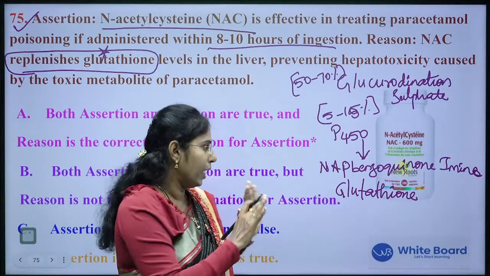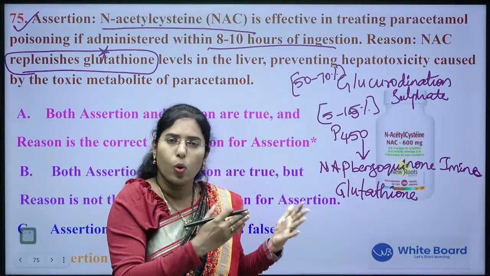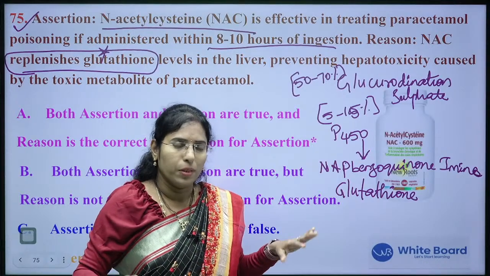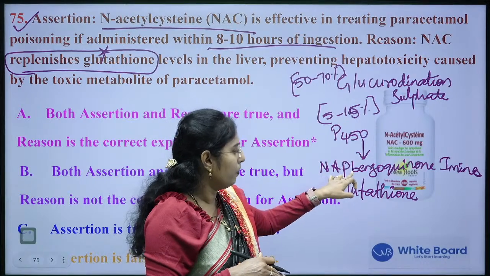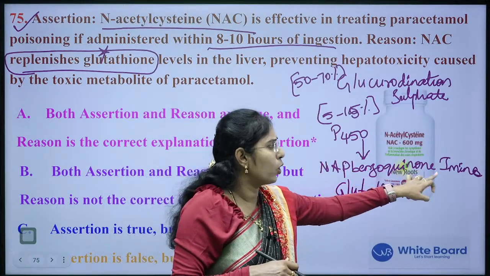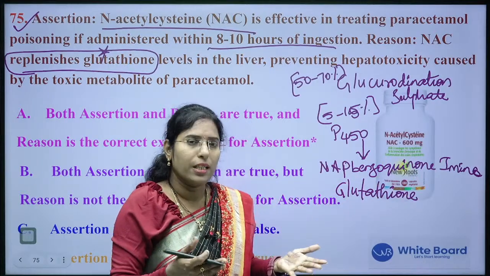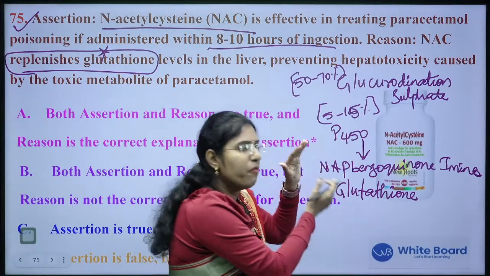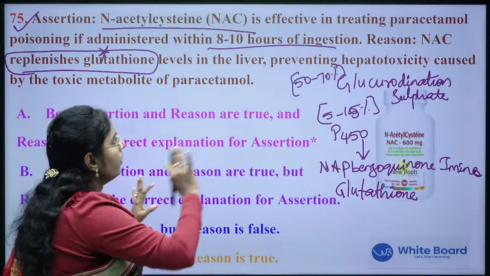In normal conditions, if you are taking the dose recommended by the doctor, we won't have any problem. If there is an overdose, the toxic N-acetyl benzoquinone imine metabolite will be more and glutathione will be very less. So, in that condition we will have toxicity.